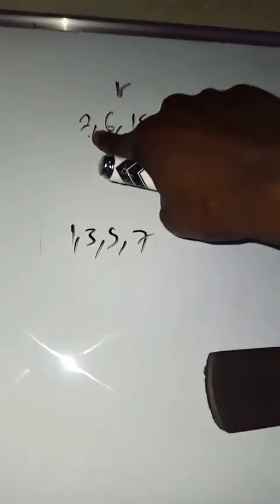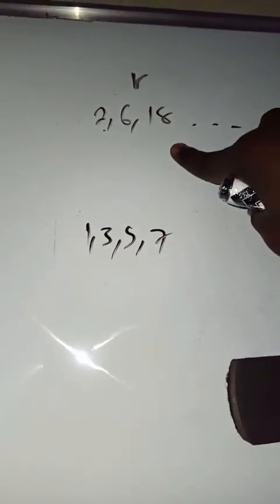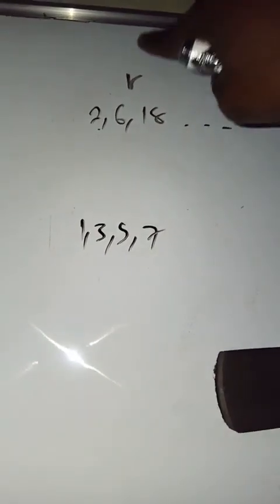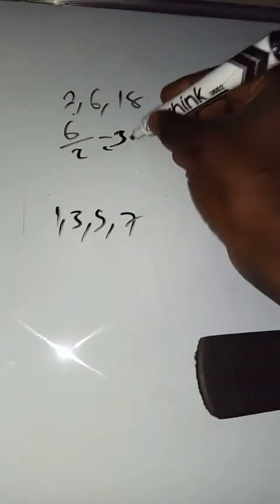I've multiplied 2 by what? By 3, right? How about to get to 18 from 6? I've multiplied 6 by 3, right? Now, if I say 6 divided by 2, what am I going to get? 3, right?